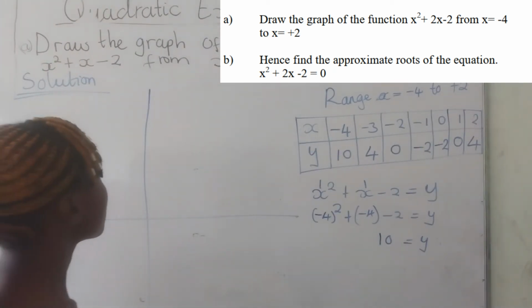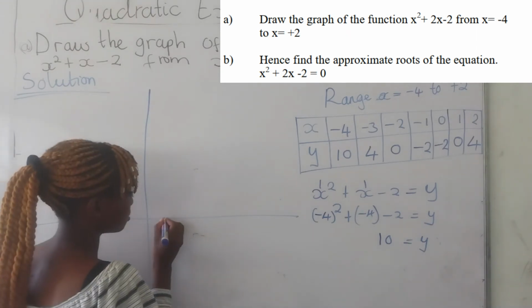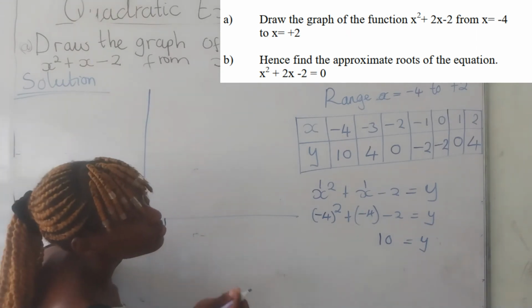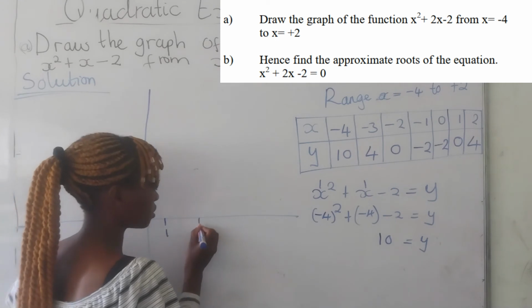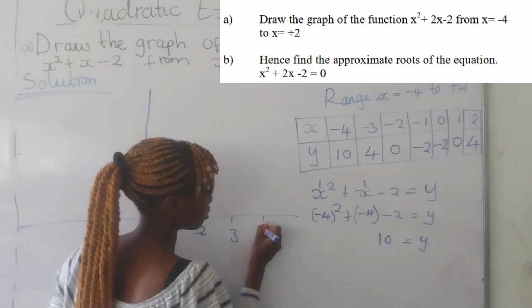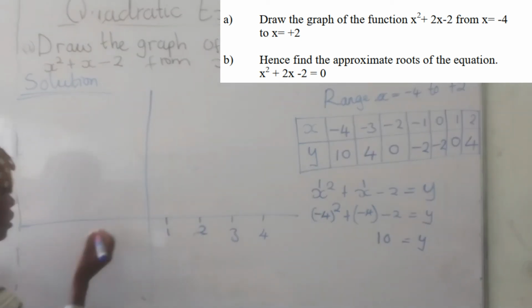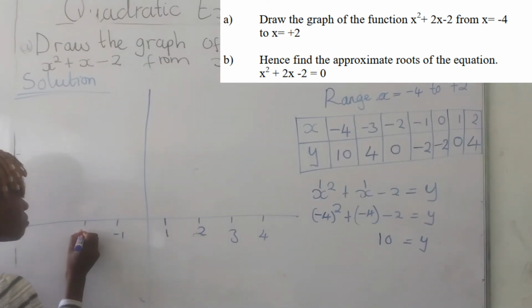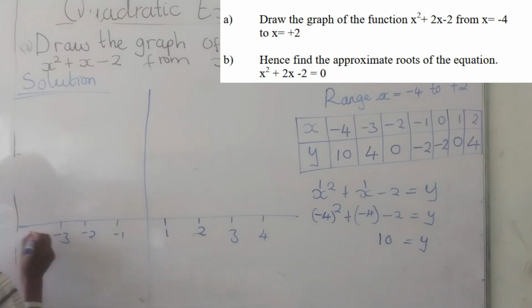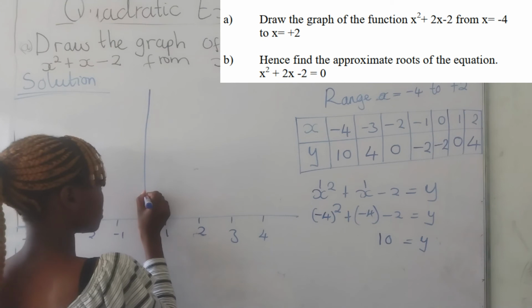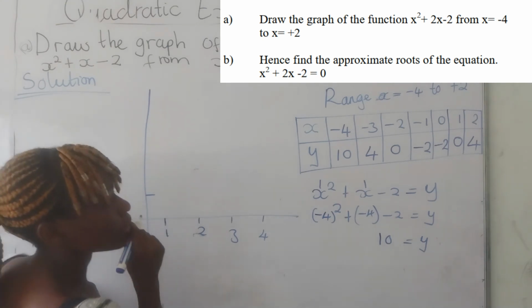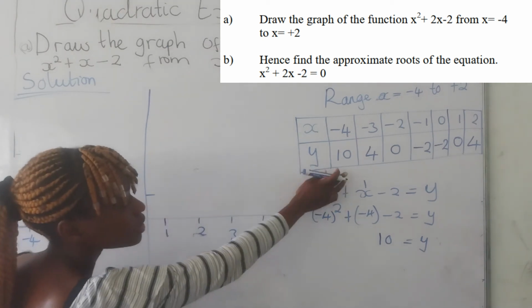So for my first part, these are my x values, ending from 1, 2, 3, 4. Then minus 1, minus 2, minus 3, minus 4. You put the scale you want. For my y, it's reaching up to 10.